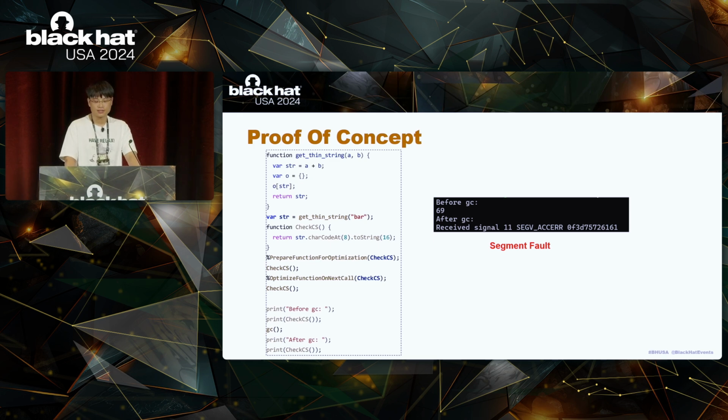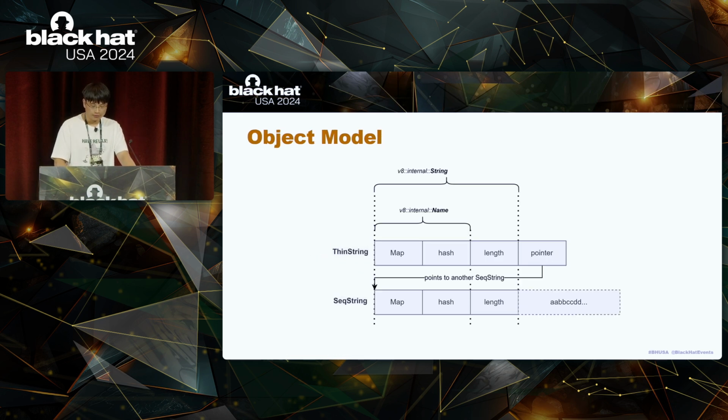At this point, the checkcs function will establish a stable map dependency for thinString. Before calling garbage collection, when we call the checkcs function, the entire function call process still returns the correct value. However, after completing garbage collection, we immediately trigger a crash in the next function call.